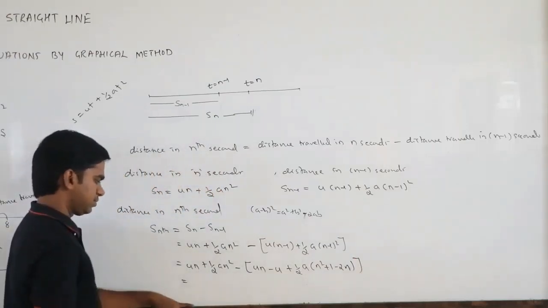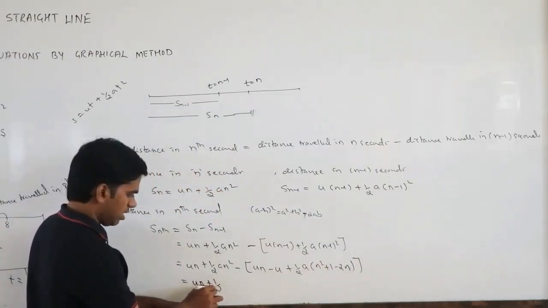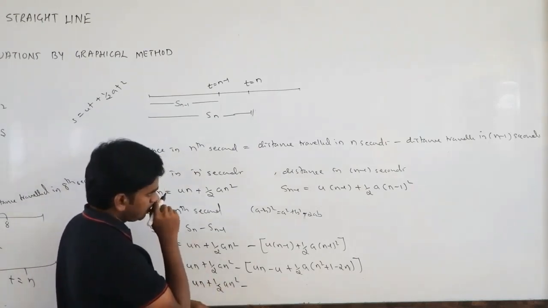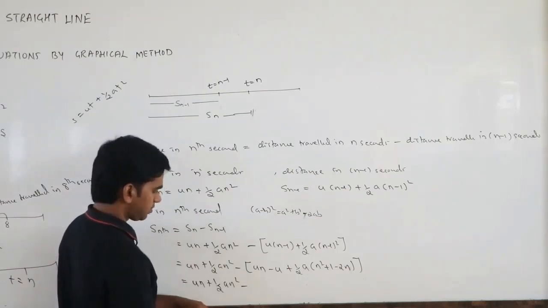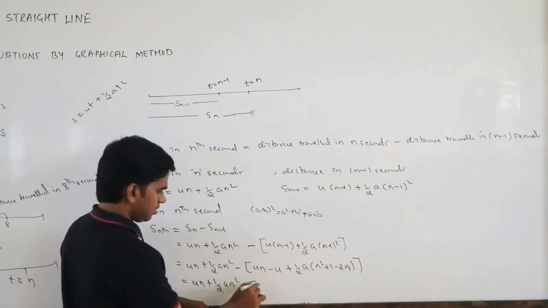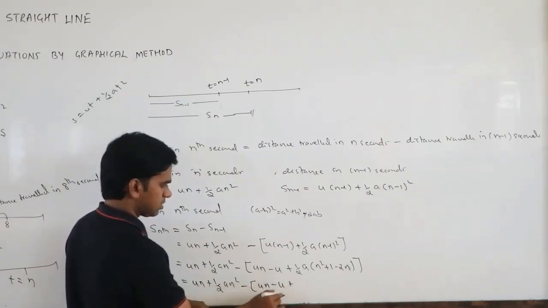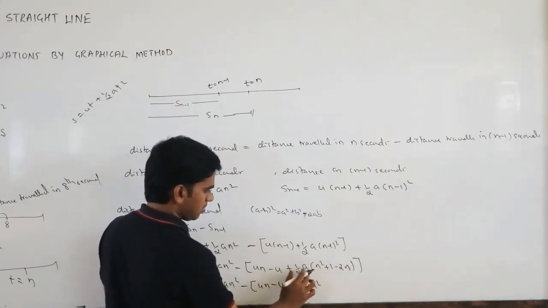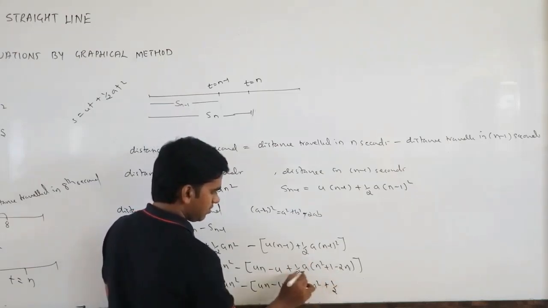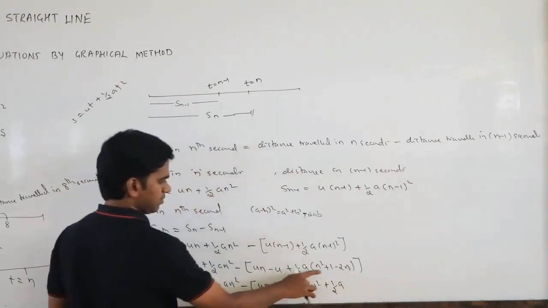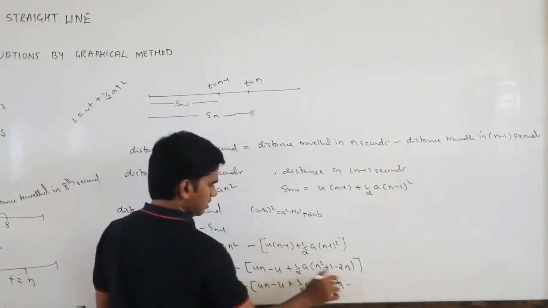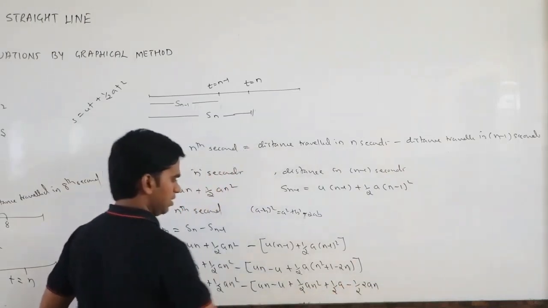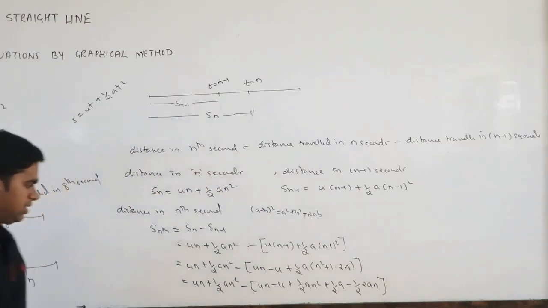Now un plus half an square minus, or you can write it as un minus u plus half, multiply this one, an square, plus half a minus half a into 2an. Okay, so this is what we got totally.